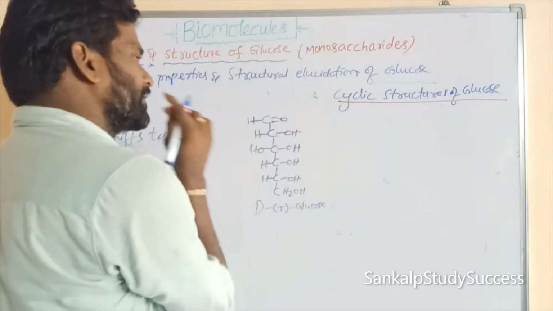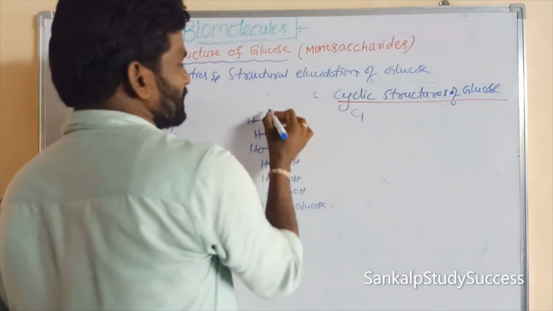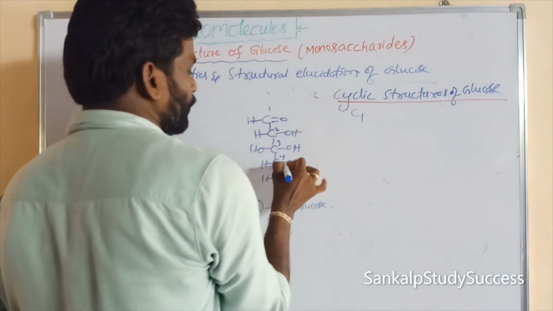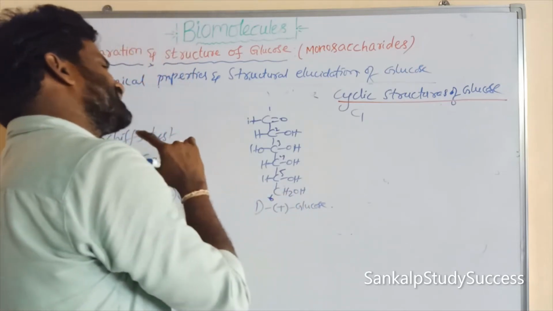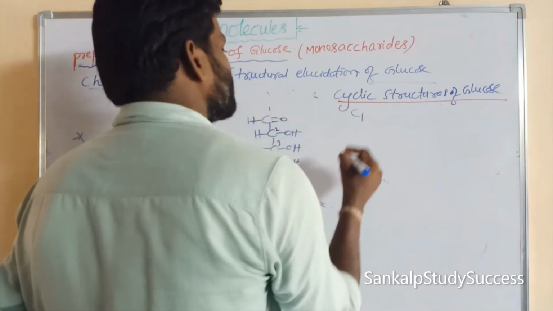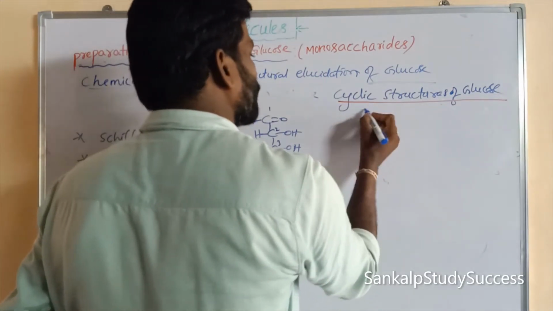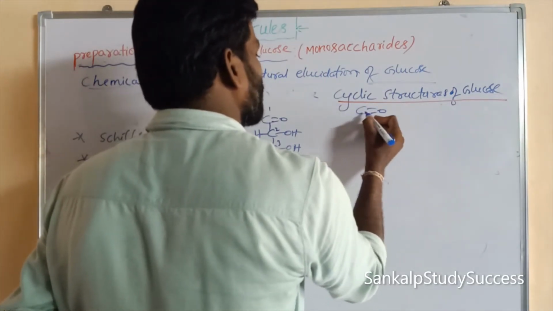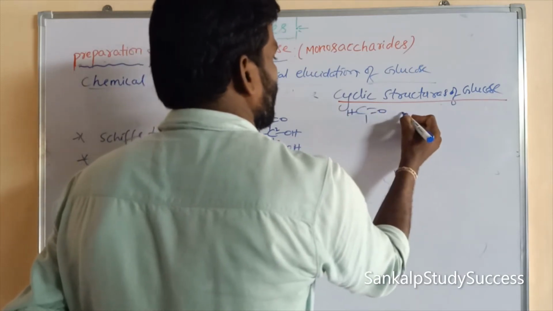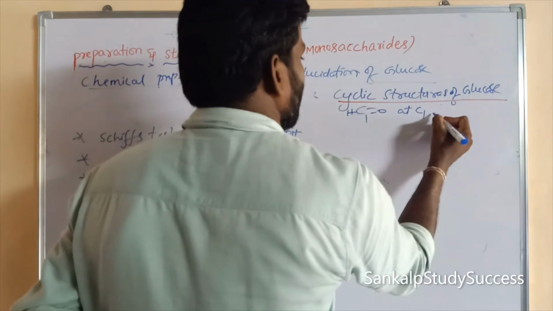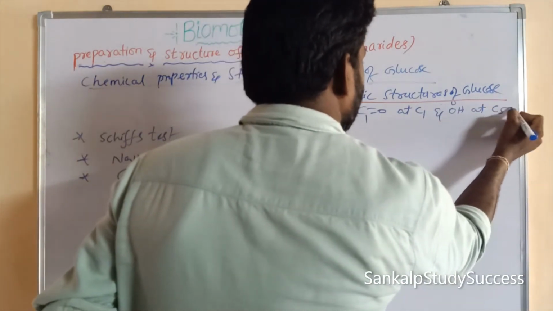The cyclic structure is obtained at the C1 position. This is C1, 2, 3, 4, 5, 6, right. Here the cyclic structure is formed between the carbonyl group at C1, the aldehyde group, and the OH at the fifth carbon.